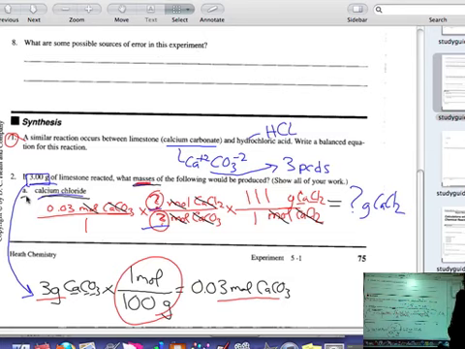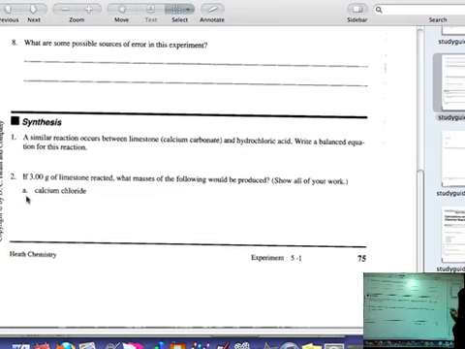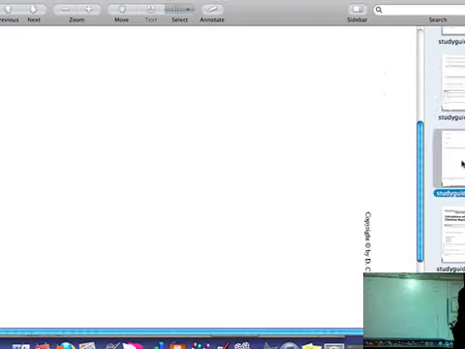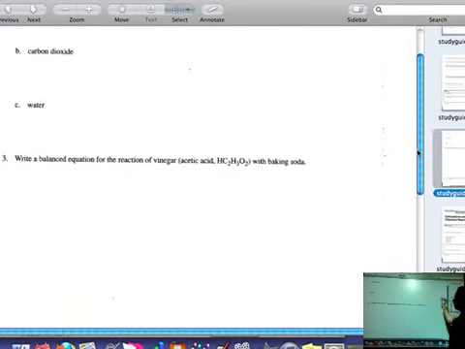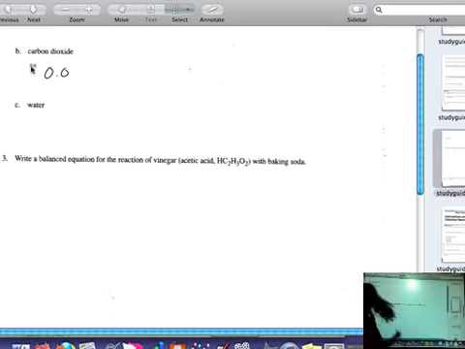Okay, so now I want to quickly show you the other page here. The other thing it's asking you for is carbon dioxide. You're going to use the same ratio. Let me just double check it again. You're going to use the same moles of calcium carbonate for each of these questions.